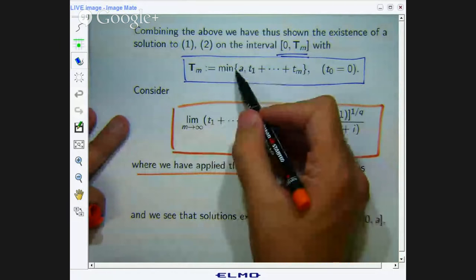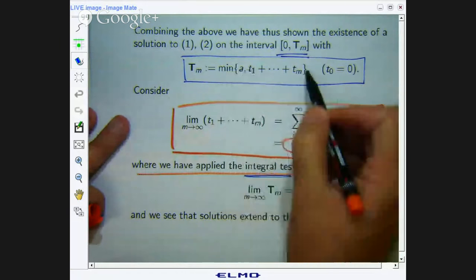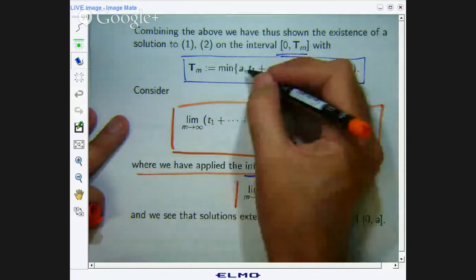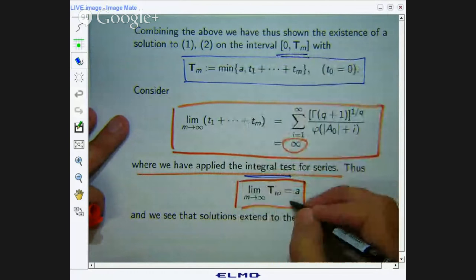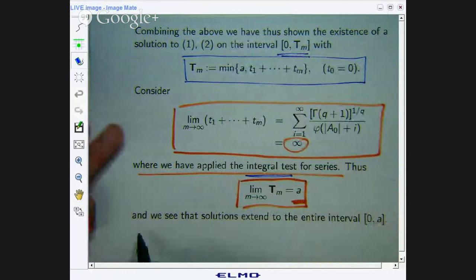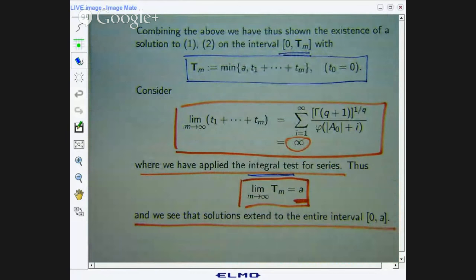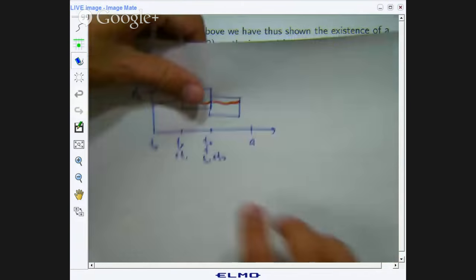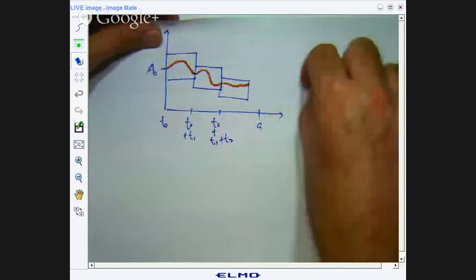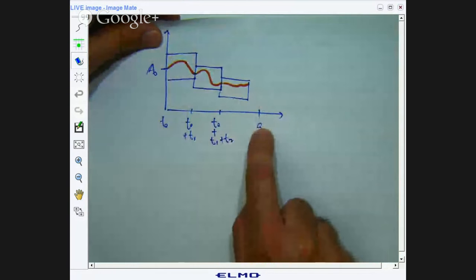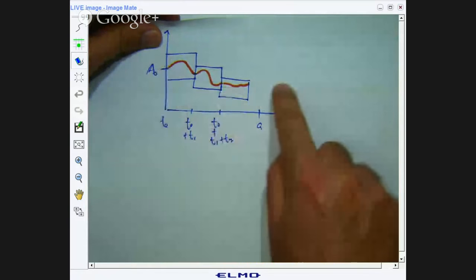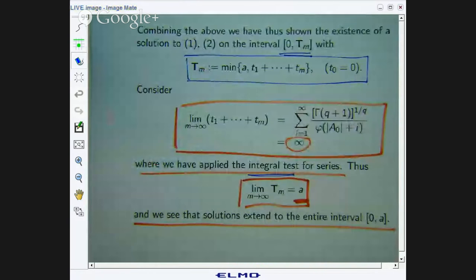And so if I look at the minimum of A and infinity, of course, the minimum is going to be just A. So what do we conclude? We conclude that the solution extends all the way over the interval. So we can keep doing this out here, and of course we're going to get to little a eventually. Our solution is going to extend. All right. Phew.